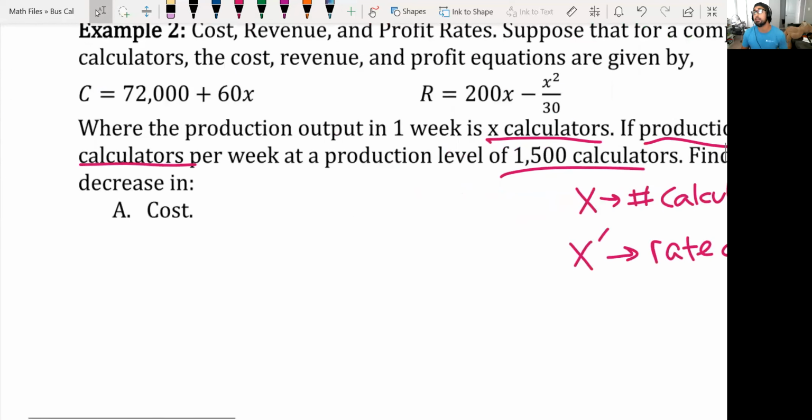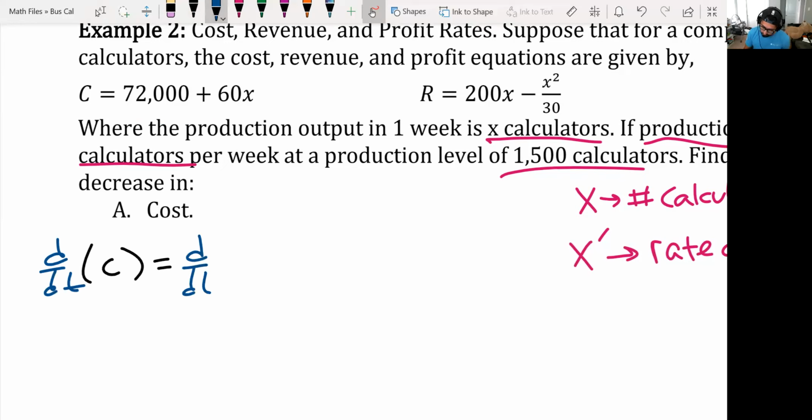So first up is find the rate of change in the cost function, which is given above right there. So we're going to say d over dt of c equal to d over dt of 72,000 plus 60x.